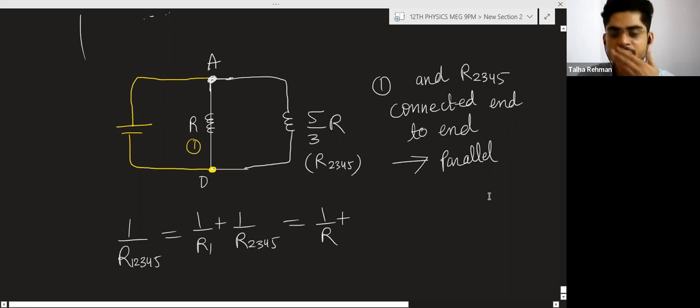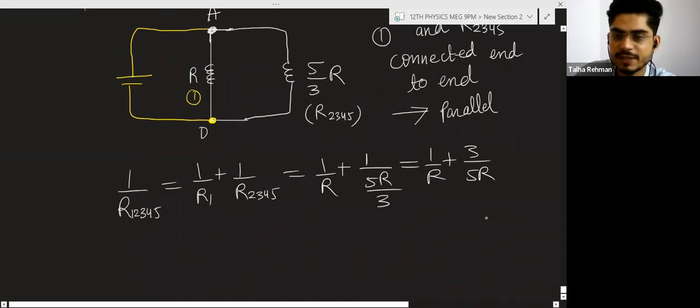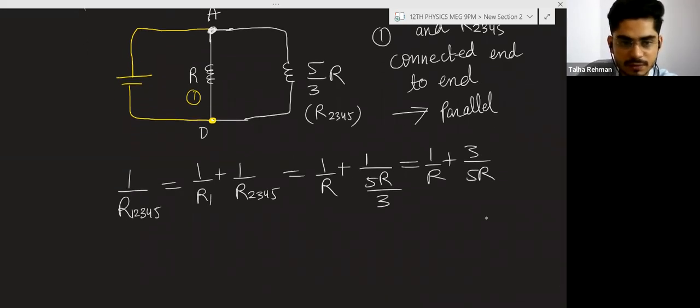So we will write 1 upon 5R by 3. So you will get 1 by R plus 3 divided by 5R. Now take the LCM as 5R.